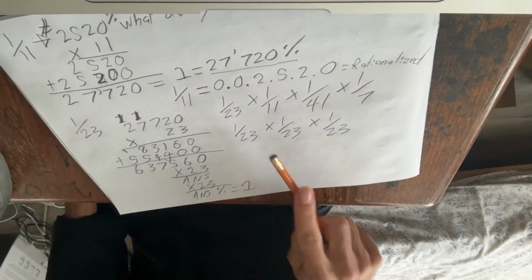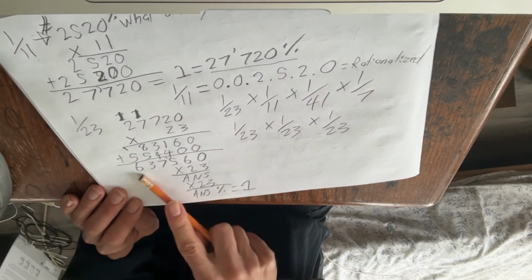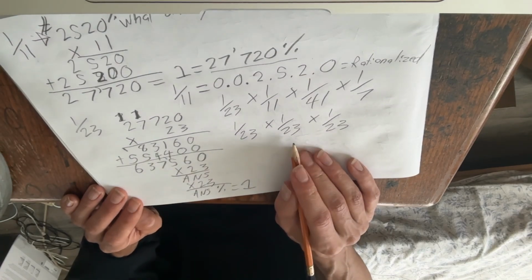So when I have 1 over 23, 1 over 23, 1 over 23, for me to be able to do this, I know that I can start with the 637,560 as the total percentage, but then I'm doing 1 over 23 again.